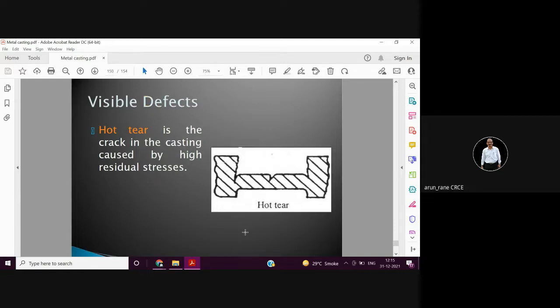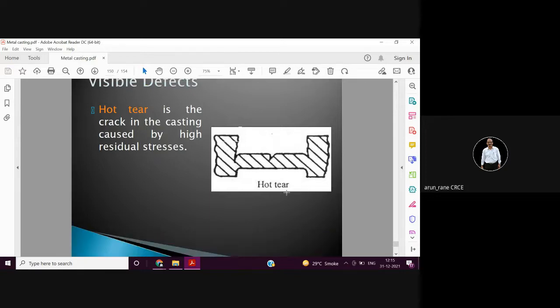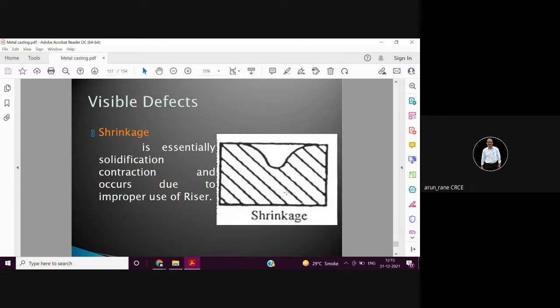Hot tear. This is mainly because of the residual stresses which come out later in service. Shrinkages, unnecessarily unwanted shrinkages, because your feeding system is not proper.